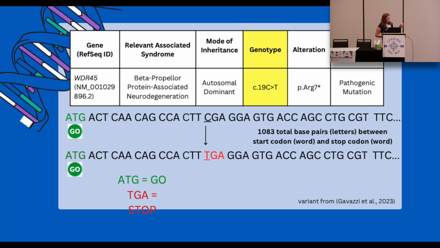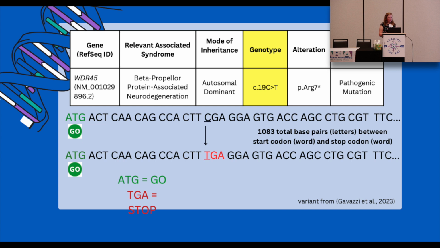And if you go to the 19th letter, which is that C, the C dot means that it's talking about the DNA and not the protein. So c.19, you go to the 19th letter and there's a C. And if you look at the second line, that's actually what this person has. Typically, most people who have a working WDR45 gene have CGA, but this individual has TGA.